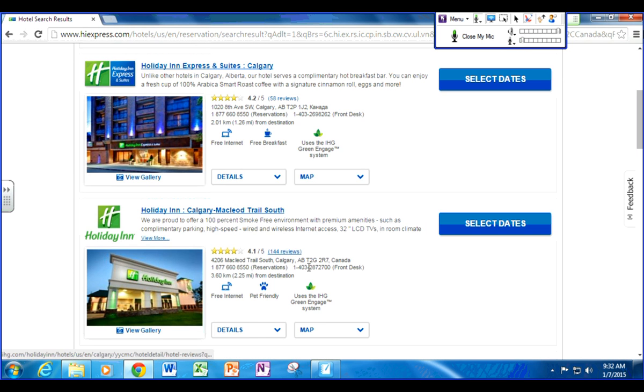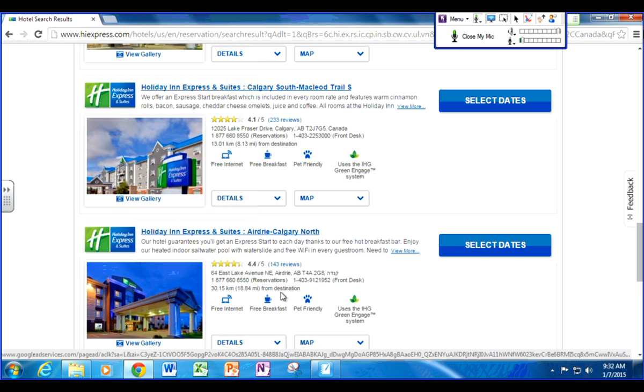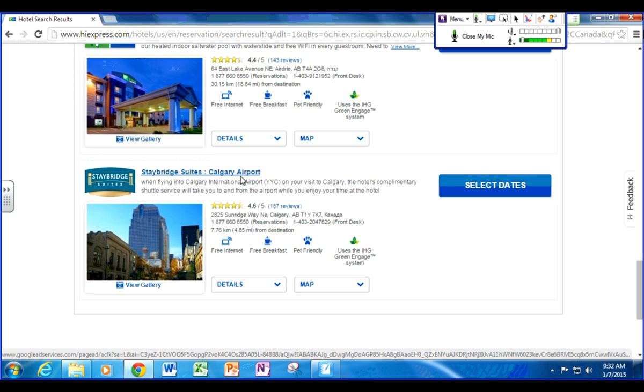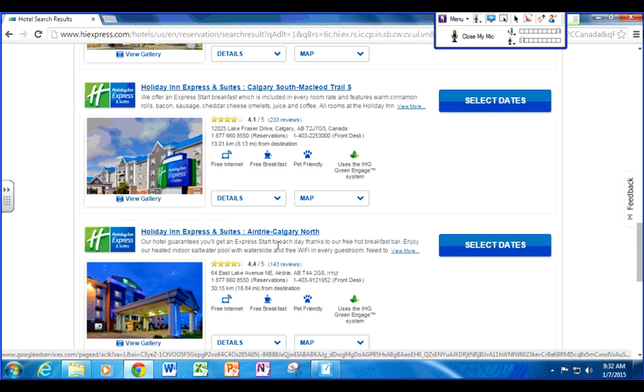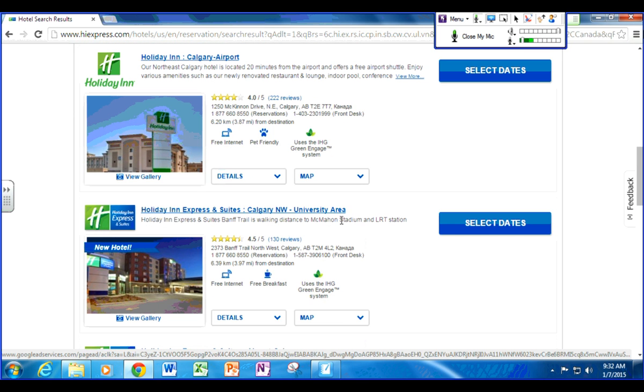Okay, so that's great. We have lots and lots of selection. Now, one of the things that you'll find, the ones near the airport tend to have higher prices, but it's just a matter of clicking on them to find out. Any that are really close to the airport tend to be more than the ones that are closer to the Trans-Canada.